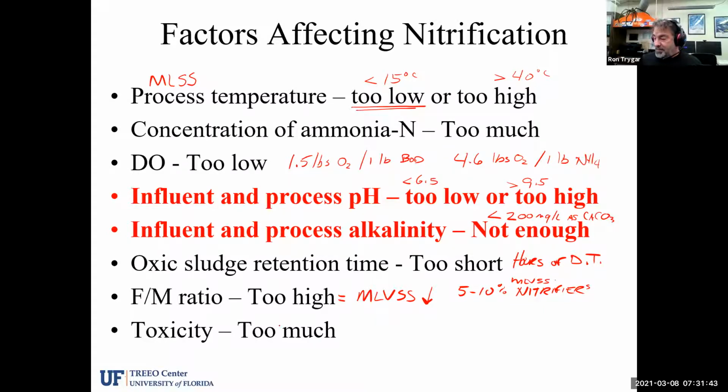And any toxicity, I love where it says toxicity, too much. Well, of course, obviously toxicity is a bad thing, right? So think about what's considered toxic. Something that is toxic is something that is harmful to organs or organisms like us, like we talk about poisons and things like that. But toxicity means too much of really anything in the wrong amounts.